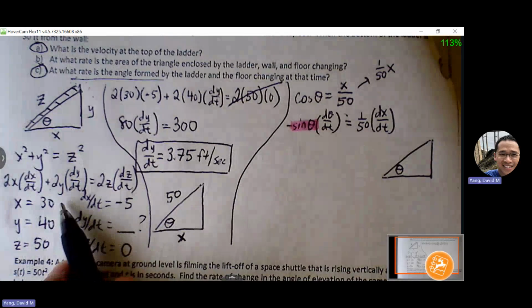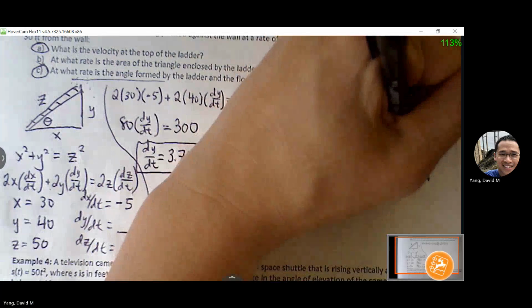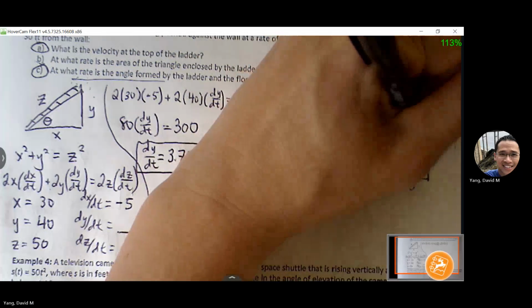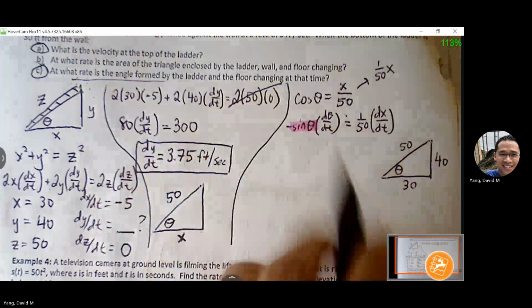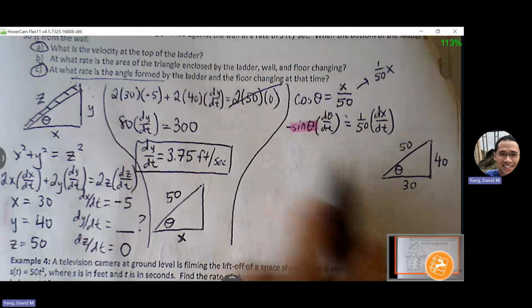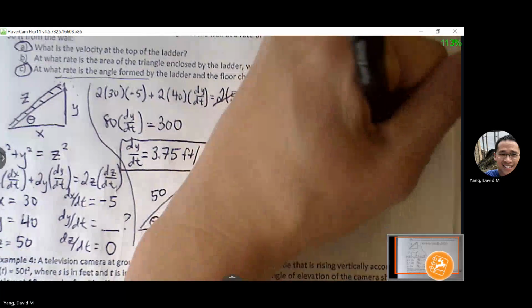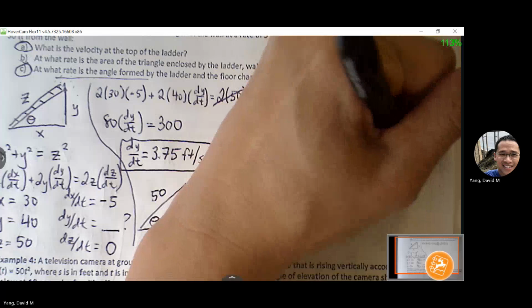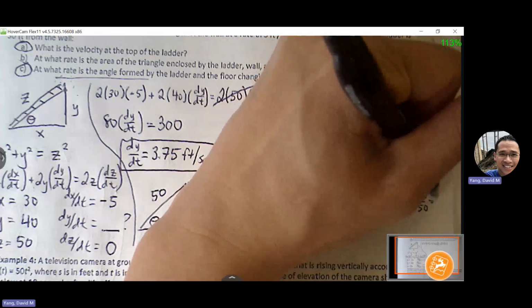So x is 30, y is 40, z is 50. What's sine of theta? Which can reduce to be 4/5.